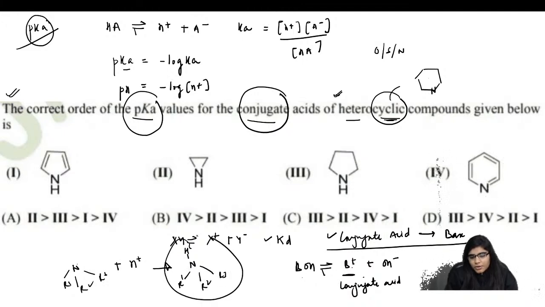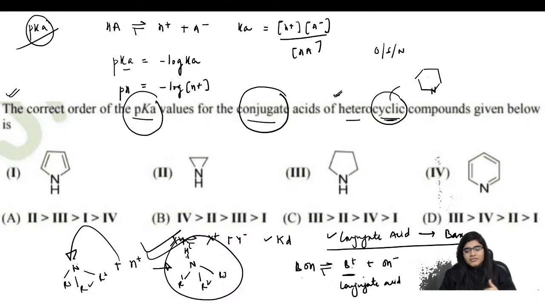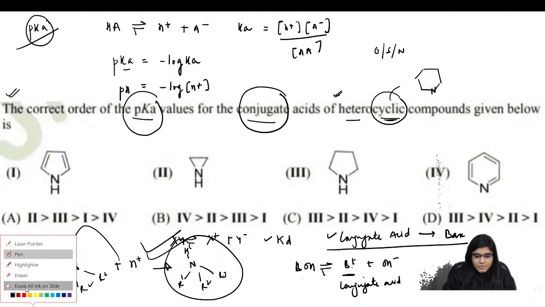So this is going to be the conjugate acid of a base. Why? Because this will give you an H positive ion. So this is known as a conjugate acid. I hope it's clear to all of you.